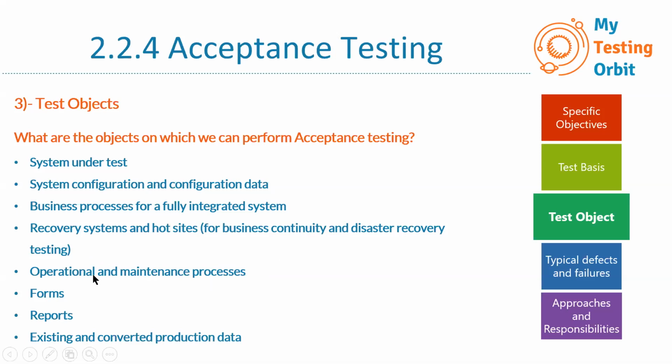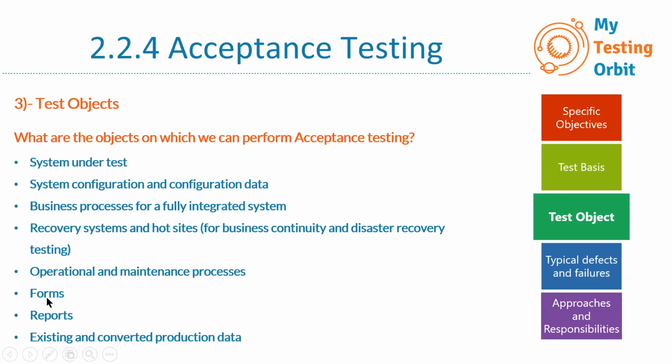Same is with operational and maintenance processes. Business continuity and disaster recovery also fall under operational and maintenance processes, but over here a broader term is used: if there are any other operational and maintenance processes, we need those as well to perform acceptance testing.